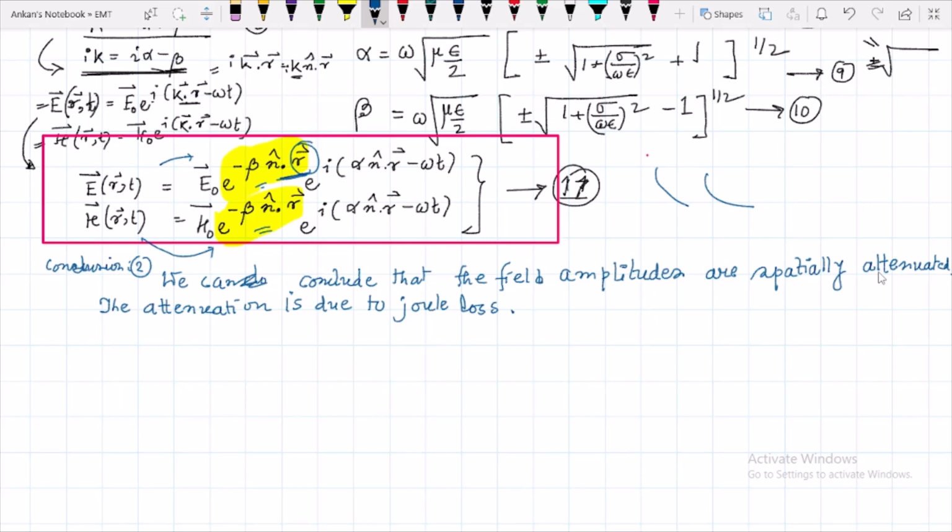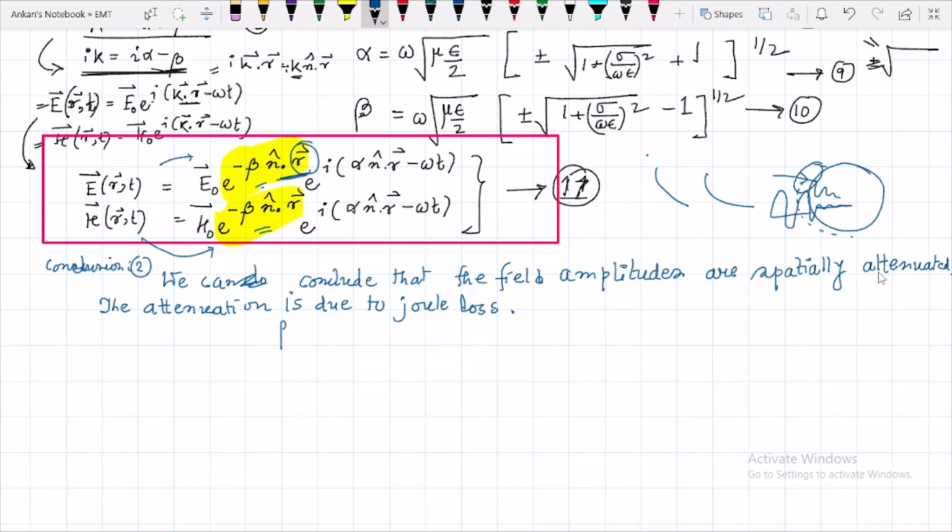Why Joule loss? Because the conducting material involves some current flowing at the surface. So while passing the electric field, some Joule loss occurs at the surface of the conducting medium, and the electromagnetic wave will get dissipated while passing through the conducting medium.